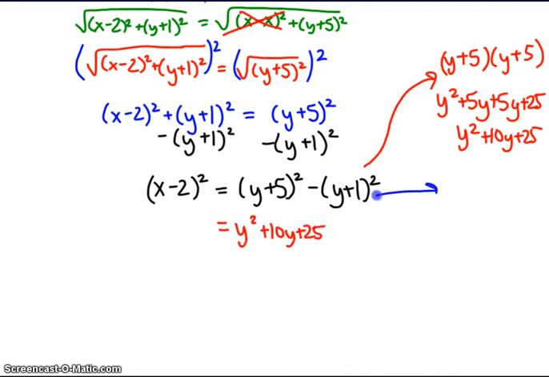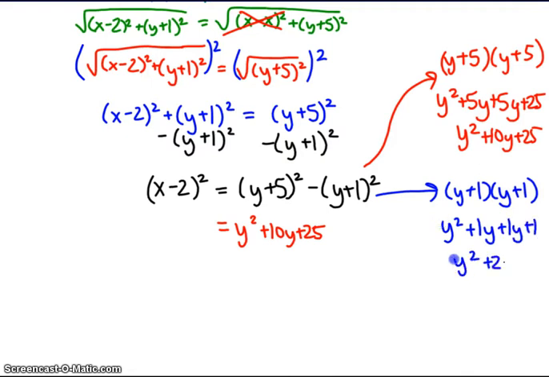Then the second one is (y plus 1) times (y plus 1), so y squared plus 1y plus 1y plus 1 gives me y squared plus 2y plus 1. So we are going to be subtracting a (y squared plus 2y plus 1).